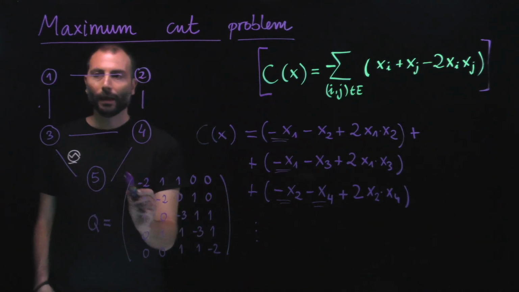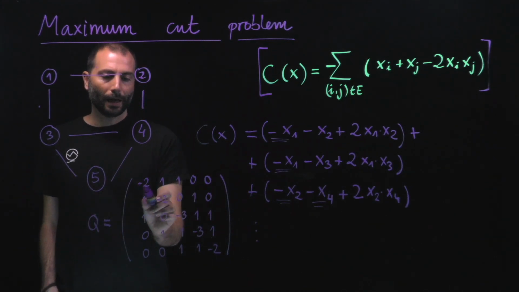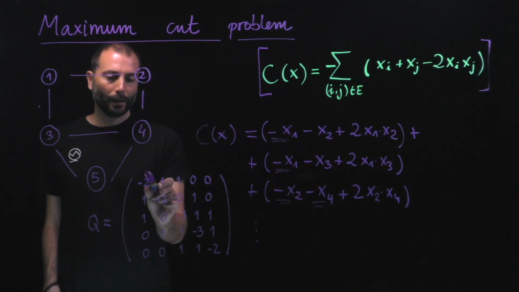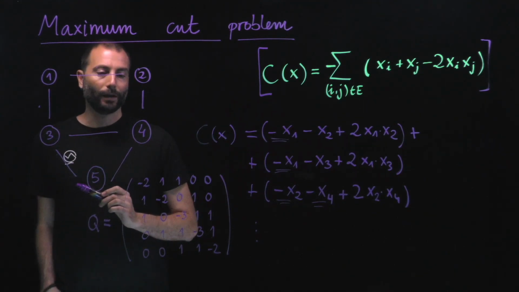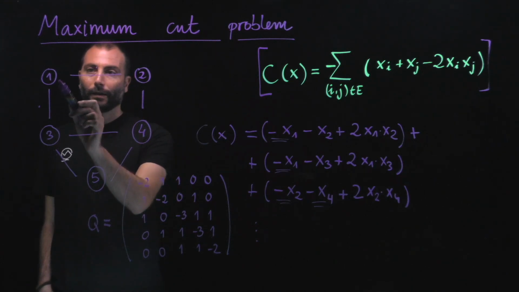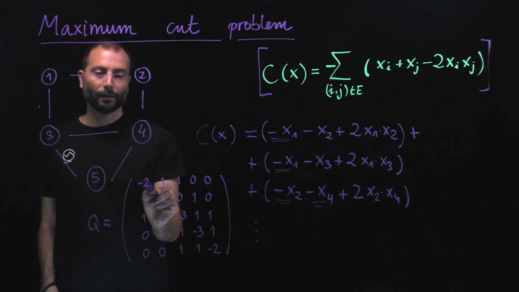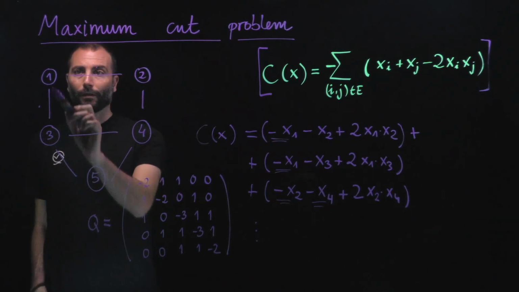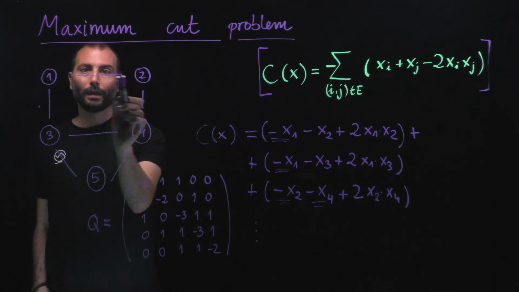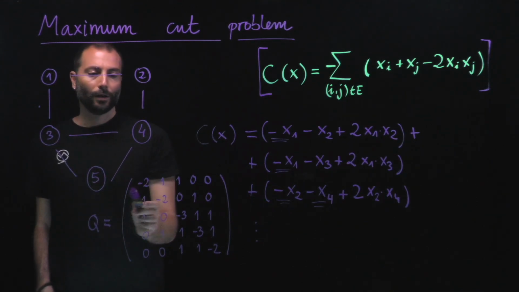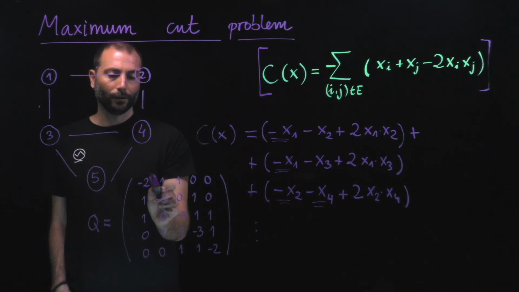And then what we see is that precisely they always have a minus sign and the degree of the vertex of the graph. For instance, the degree of the first vertex is 2. It has 2 edges adjacent to it. So it has degree 2, and then its corresponding term is -2.